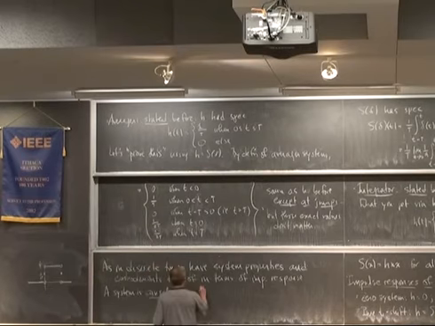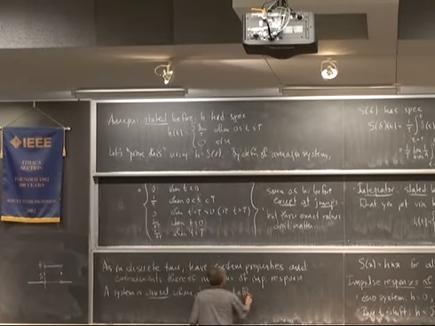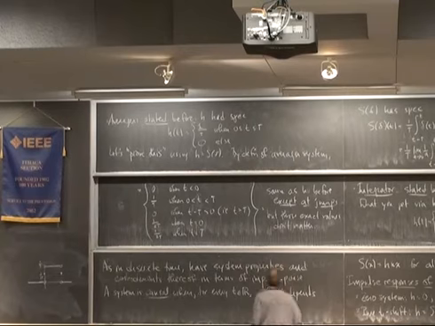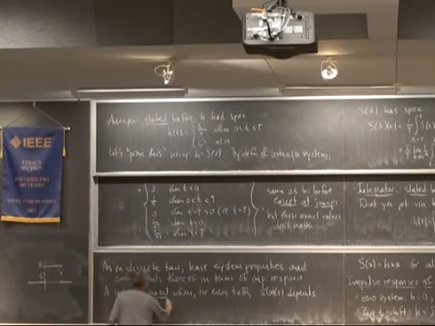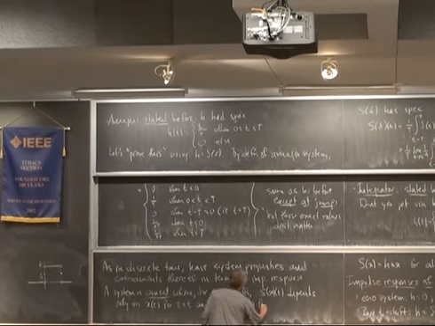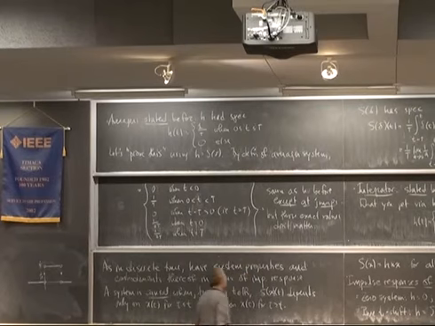So for every t in the reals, S of x of t depends only on x of tau for tau less than or equal to t, and not on x of tau for tau bigger than t. And that's good enough.